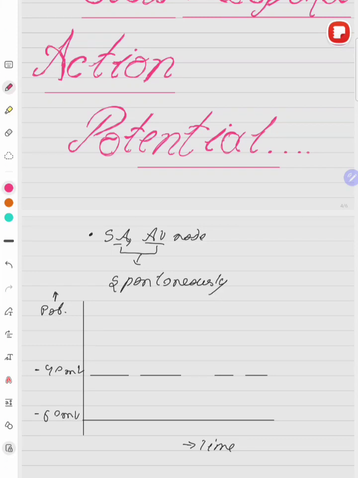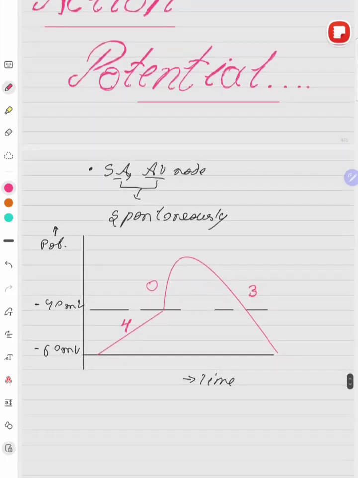So if we were to plot a graph, the graph would look somewhat like this. This graph is divided into a few parts. This is known as 4, this as 0, and this one as 3. So let's run deeper into each of them.